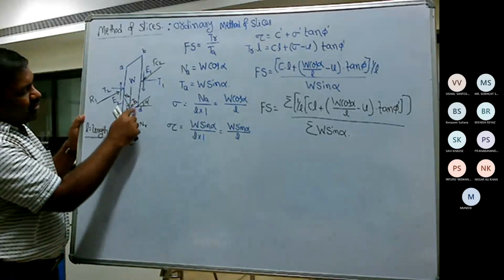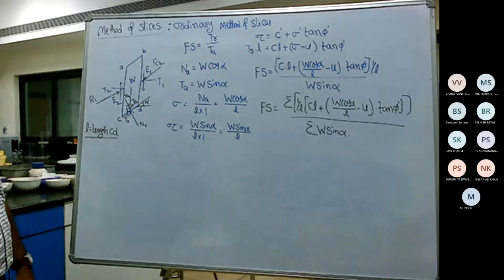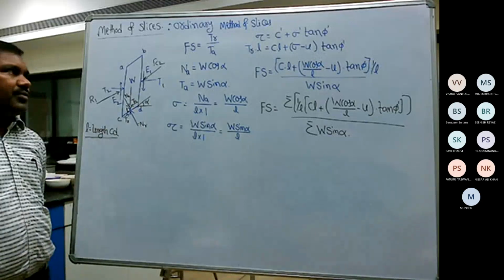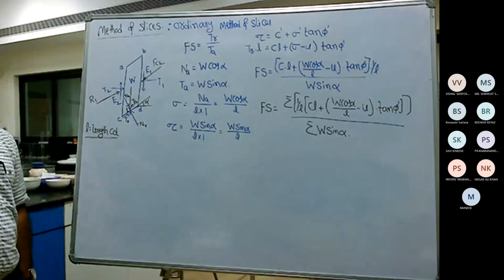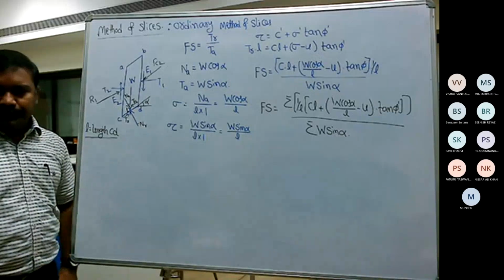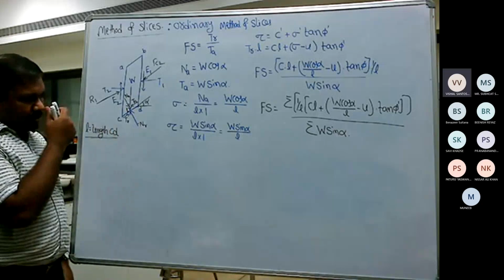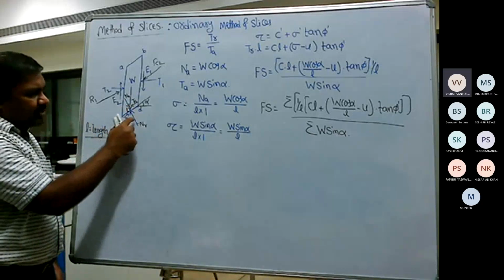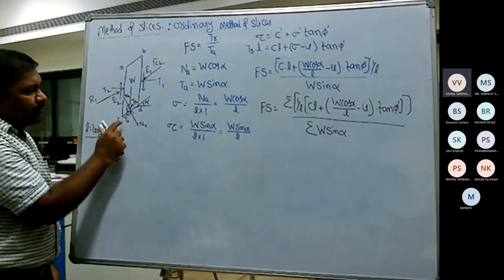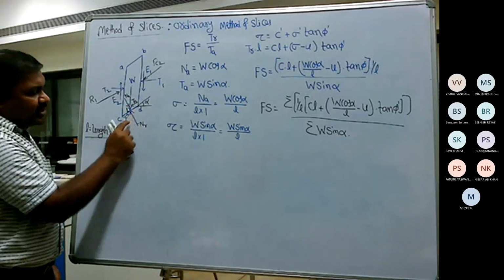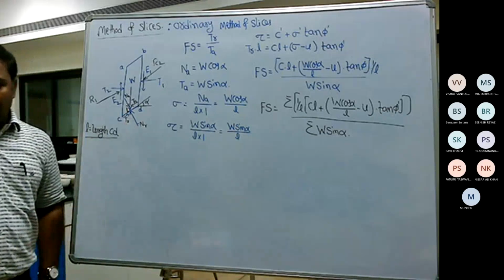Suppose from this one, if I ask you for the factor of safety, where is the driving force and where is the resisting force? If you take this free body diagram, where is the shear strength component you can derive and where is the shear stress component that you can derive?